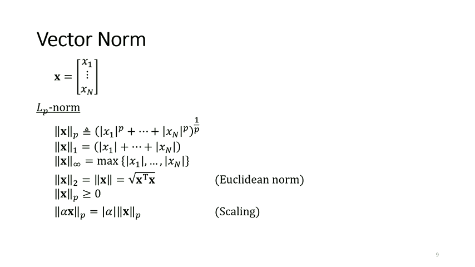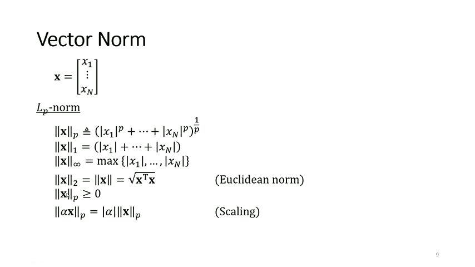For instance, when p equals 1, I have something called the 1 norm, which is equal to this. I take the absolute values of all the scalar elements and add them up. That's the 1 norm of the vector x. The infinity norm is where I take the maximum of all of these.